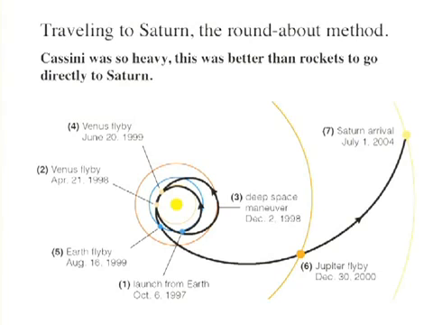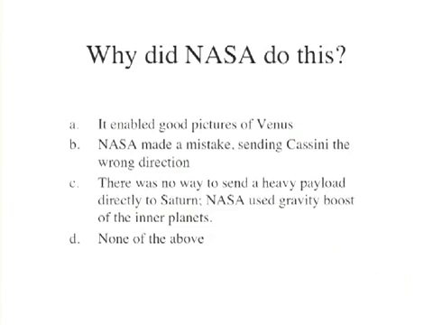Well, I sort of gave away this. All right, why did NASA do this? Why did it work this way? To give good pictures of Venus, NASA made a mistake. They sent it the wrong direction, but they made up for it by fortunately having the planets in just the right orbit, right position, so they could boost it to Saturn.